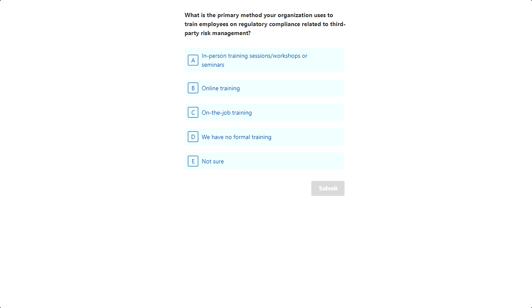So that's why it's really important to make sure that your third-party risk management program is following all the regulatory requirements, that you know the guidance really well, and that you're holding your vendors accountable to those same standards.